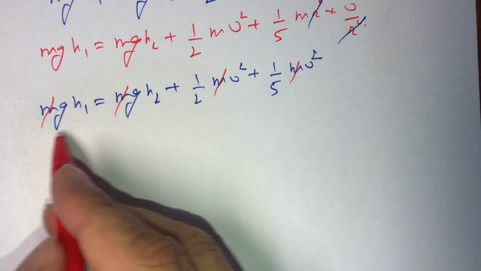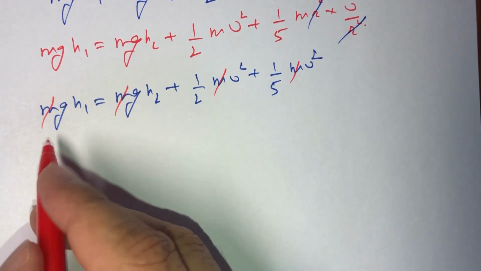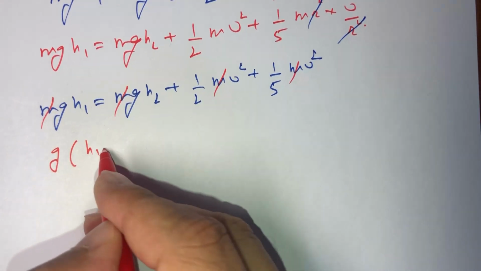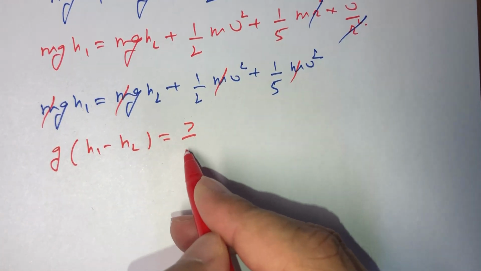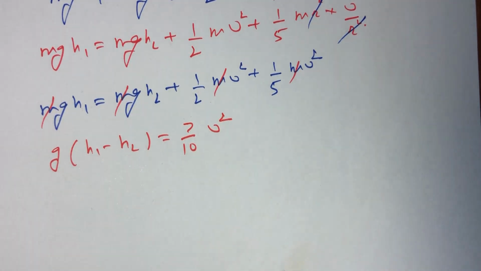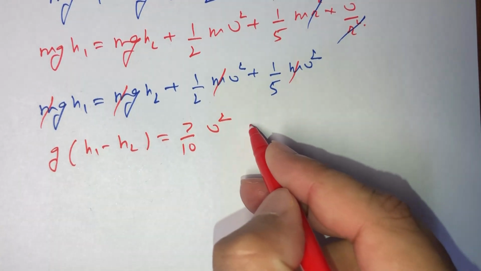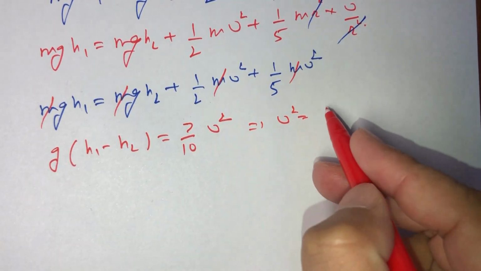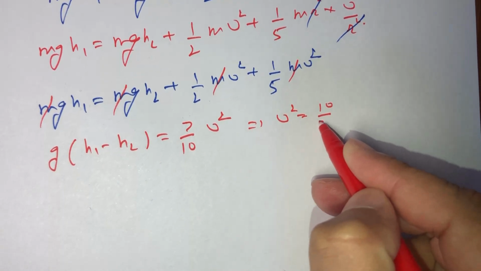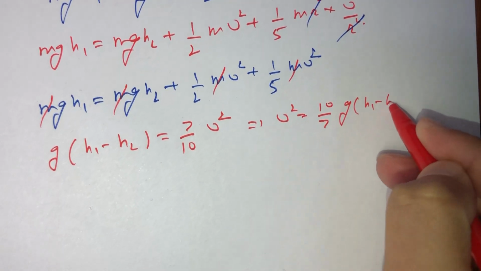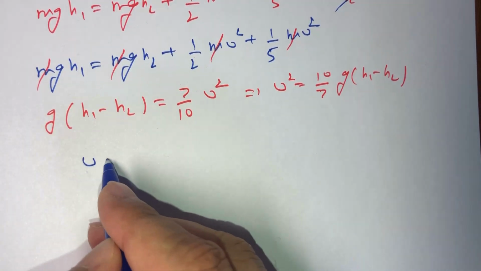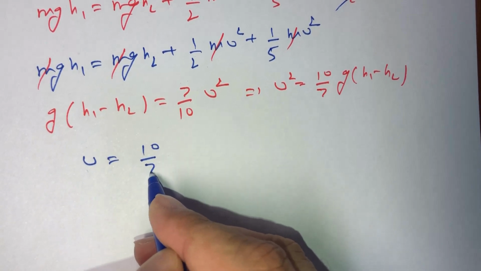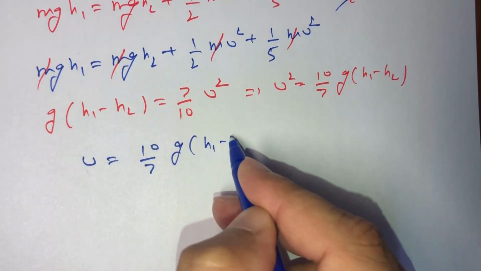We take h2 to the left side. So g times (h1 minus h2) is equal to 7 by 10 v square, or v square is equal to 10 by 7 g (h1 minus h2), or simply v is equal to the square root of 10 by 7 g (h1 minus h2).